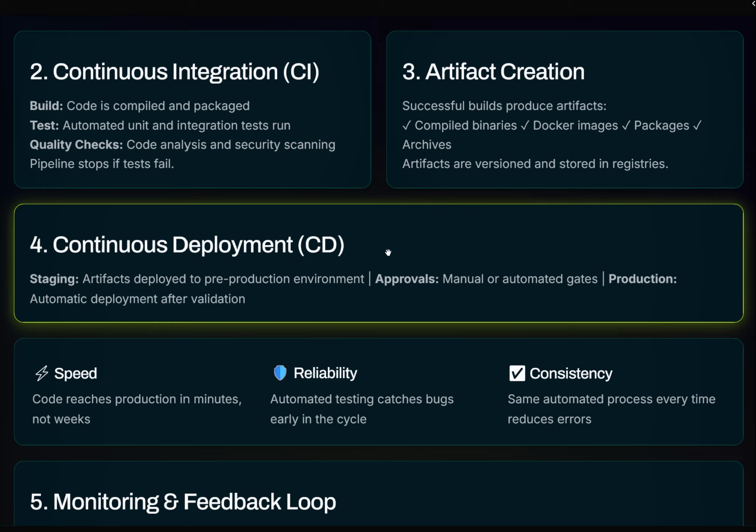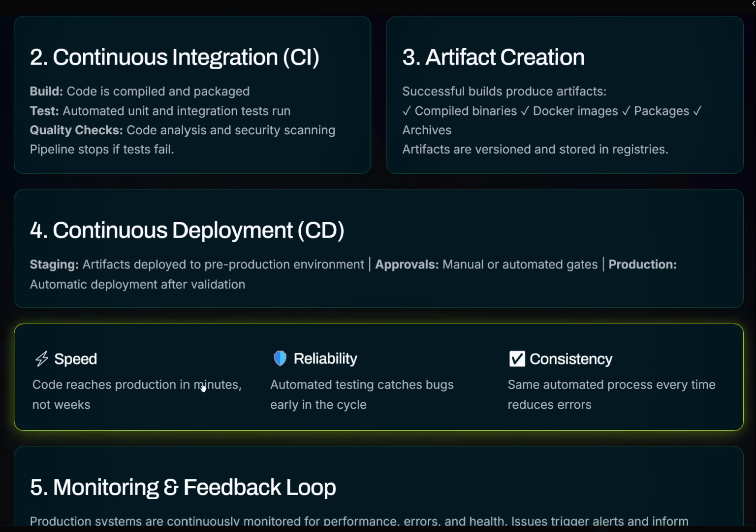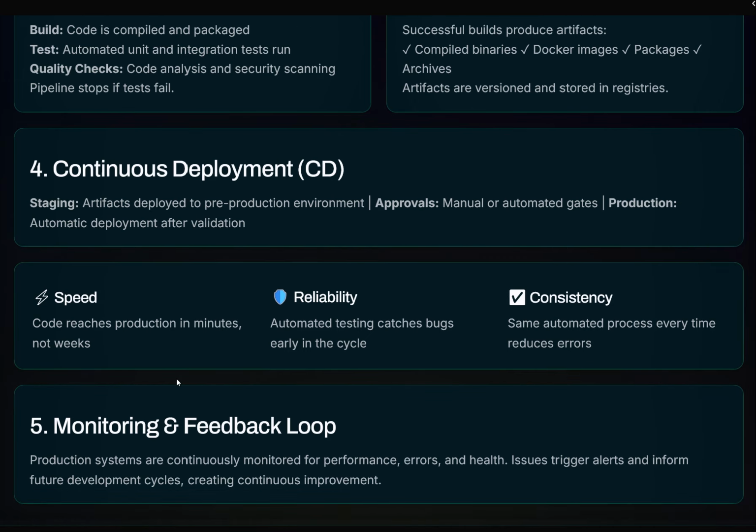And the next step is production: automatic deployment after validations, which might be blue-green, or might be straight to production. So speed is measured in minutes, not weeks. Reliability: automated testing catches bugs early in the cycle. Consistency: the same automated process every time, reducing errors.